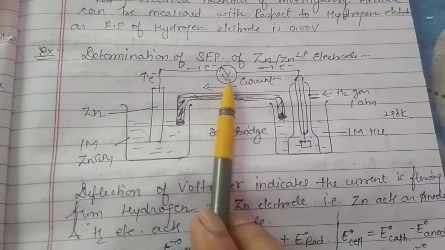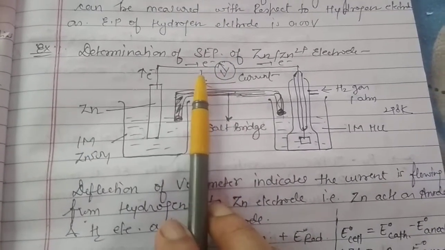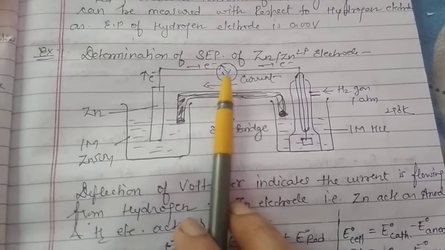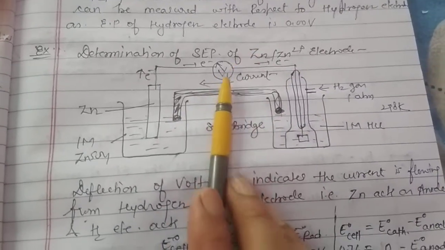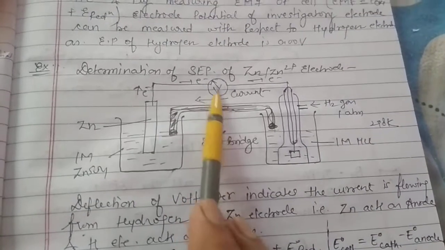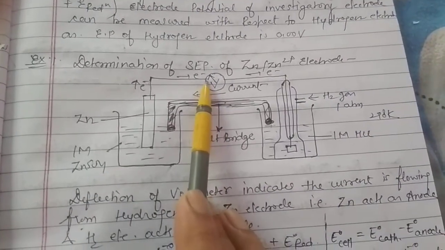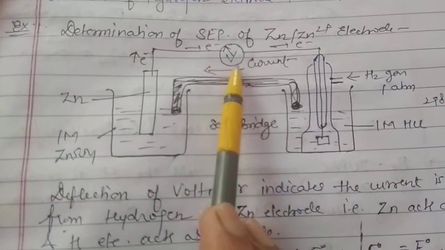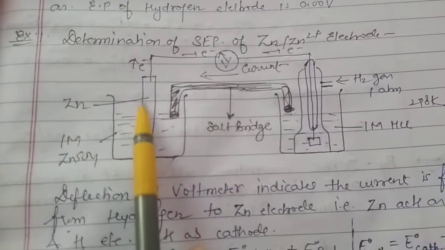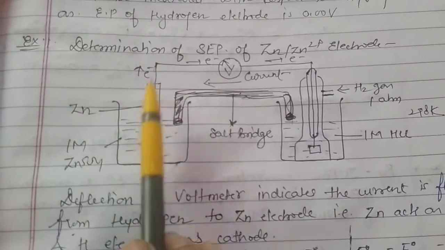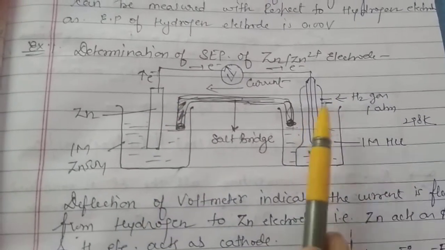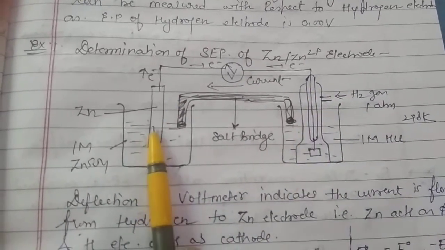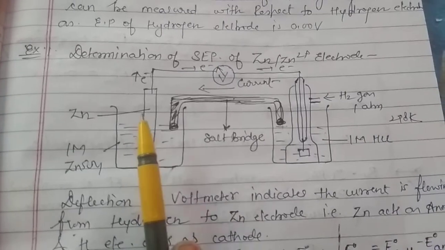When we see the deflection toward a particular electrode, we would know whether it is working like a cathode or an anode. In this case, the deflection of the voltmeter is toward the zinc, it means the current is flowing from hydrogen to zinc. It means hydrogen is working like a cathode and zinc is working like an anode here.